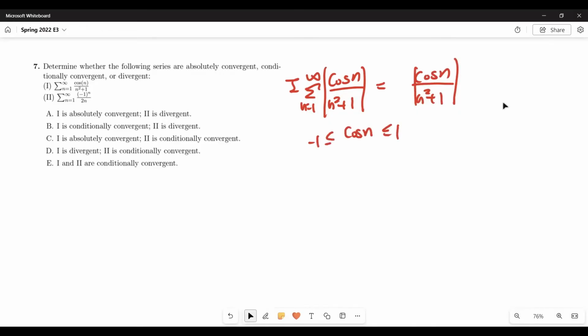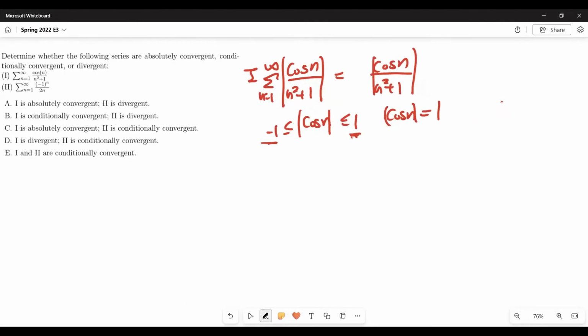So if you put the absolute value, then cosine of n will be at most 1, right? Because the maximum it can go to is 1, but if you put the absolute value, either -1 or 1 will just be 1, right? So this can be bounded by 1 over n squared plus 1, right? And then we know that 1 over n squared plus 1 is converging by the p-series test, and p in our case is 2, which is greater than 1, so it is converging.